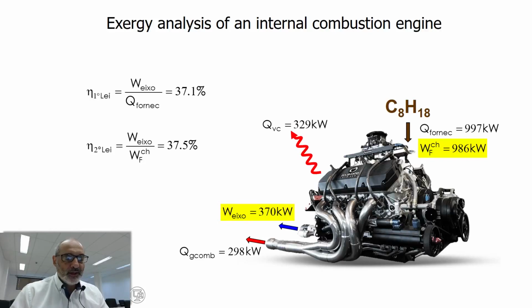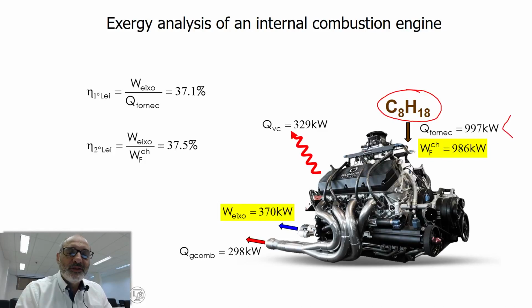So let's summarize our results. I'm supplying octane, at a certain heat content. If I burn this C8H18, I can produce this amount of heat. And if I pass this to a Carnot machine, I get this work.